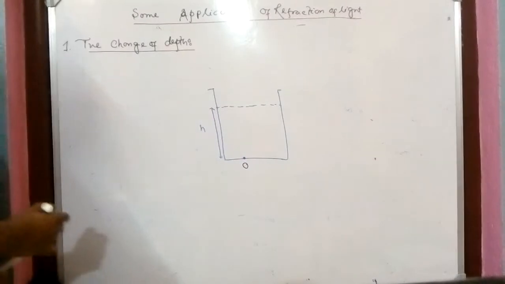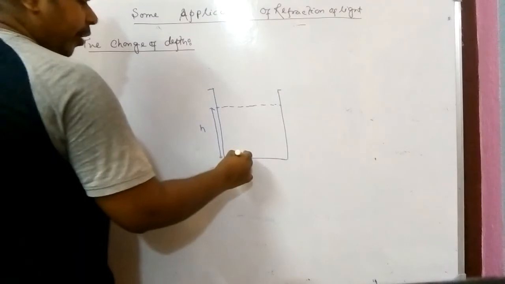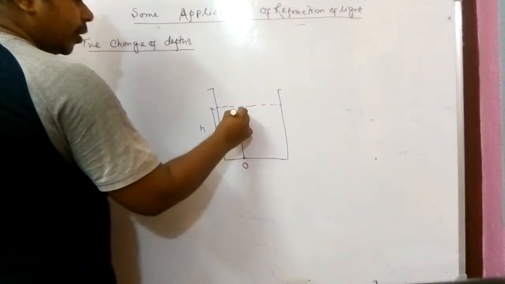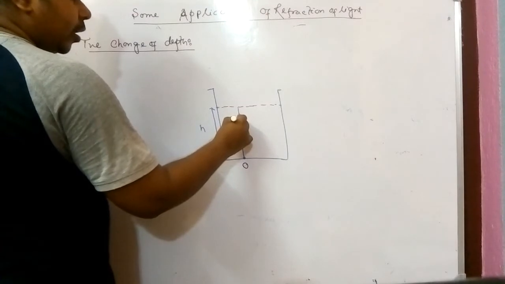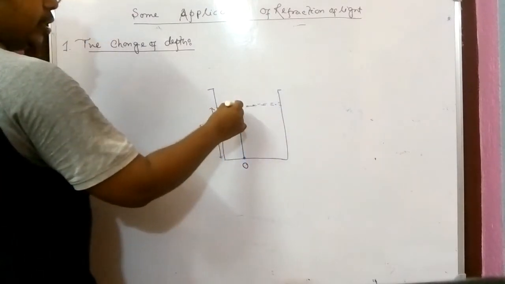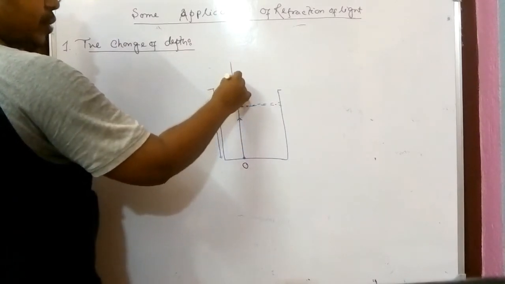From that point there should be a huge number of rays coming to our eyes. Assume a ray that is coming directly in a straight line, incident vertically on the separation between two media. There will be no deviation, it will go this way.